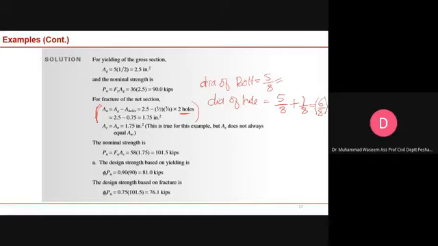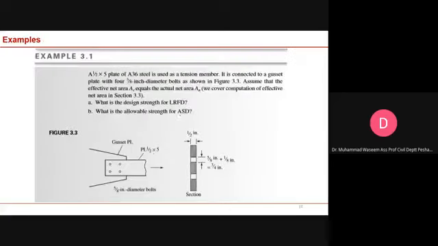So we will see that in computing the net area, it is multiplied by 2 holes. Why 2 holes? Why not 1 hole? If you see that this is the load application, okay, the fracture will occur in this pattern.